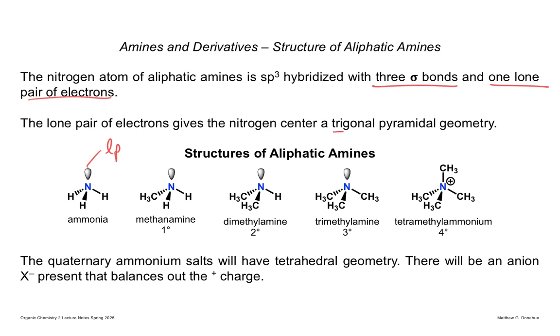But that lone pair forces the 3 other substituents into the trigonal pyramidal geometry. Like in ammonia, the hydrogens are not in the same plane as the nitrogen. What the lone pair is doing is forcing them into another plane. So if you draw this triangle, and then you connect it like that, that's your pyramid.